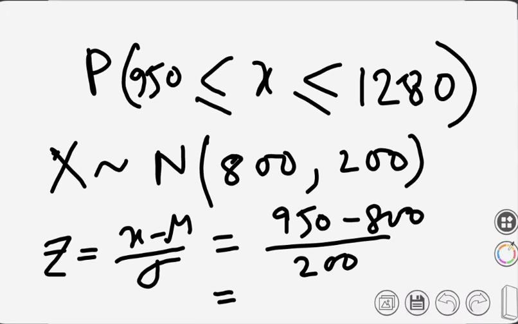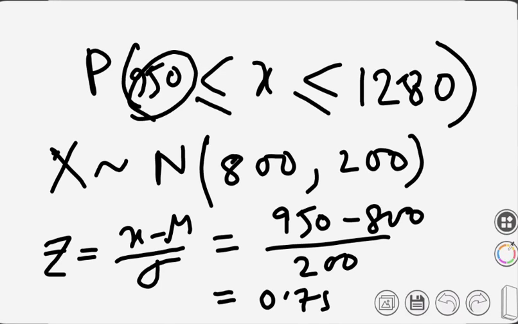Now, as given, you have to find the probability that X lies between 950 and 1280, where X follows the normal distribution with mean 800 and standard deviation 200. So you have to calculate the two values of Z. For 950, it's positive because 950 minus 800 is positive, so it comes as 0.75.